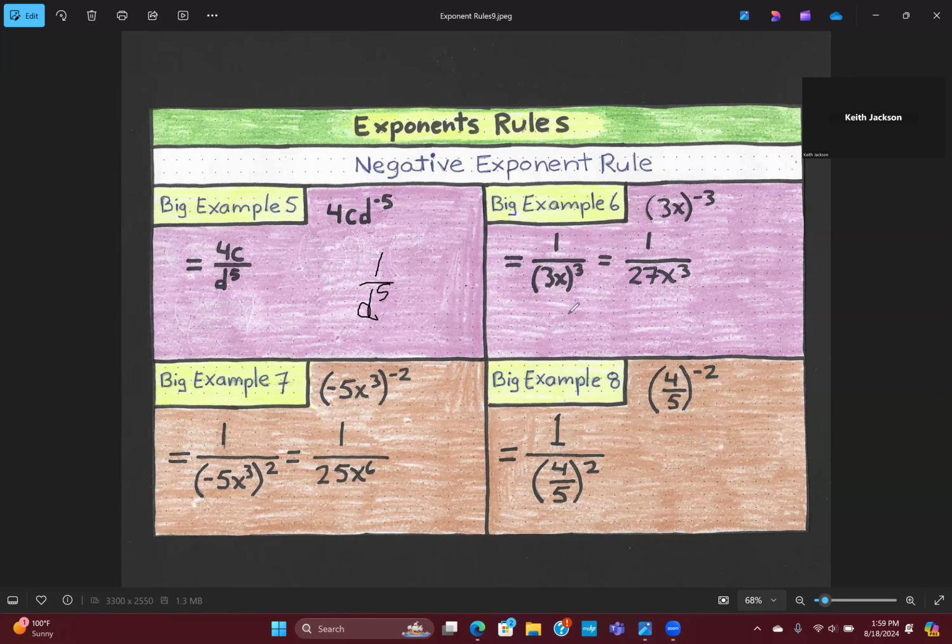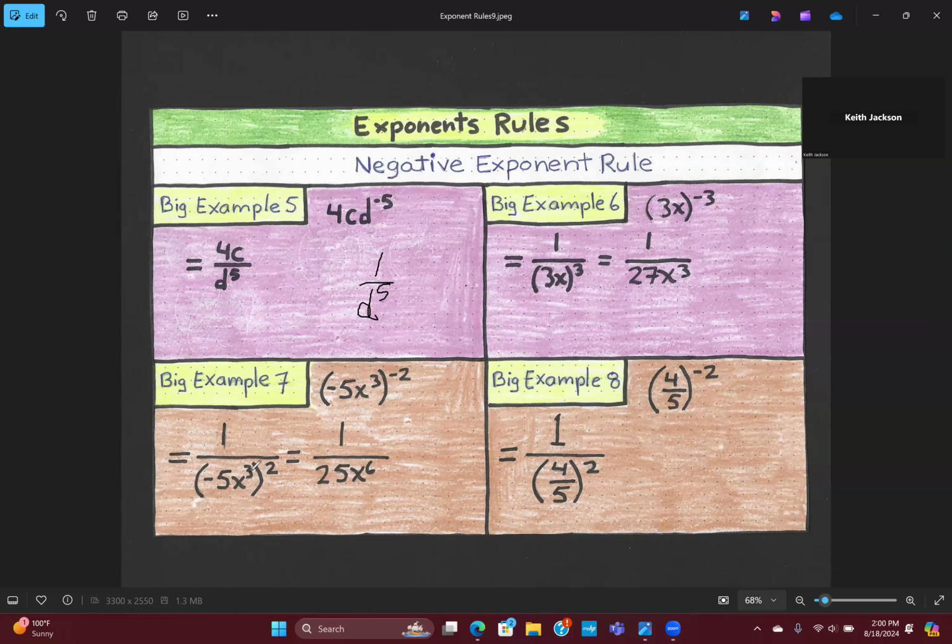Now it feels like we're getting a feel for this. Now let's work on big example 7 to really deepen our understanding of the negative exponent rule, in which we have the quantity of negative 5x to the third power, all that raised to the negative second power. Again, because all of this is raised to the negative second power, let us write it as 1 over the quantity of negative 5x to the third power raised to the second power. And when we do that, we're just going to go like this.